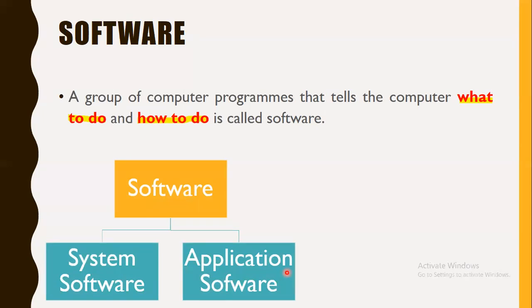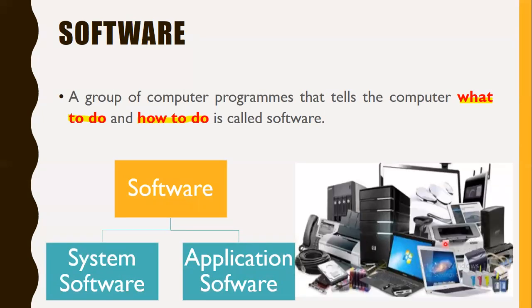In the absence of computer software, a computer is just a dummy machine which is of no use. We cannot even do a single task on our computer in the absence of software.